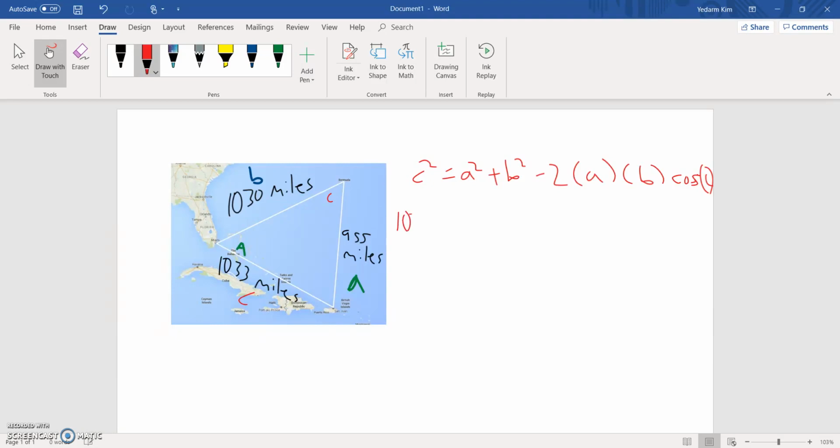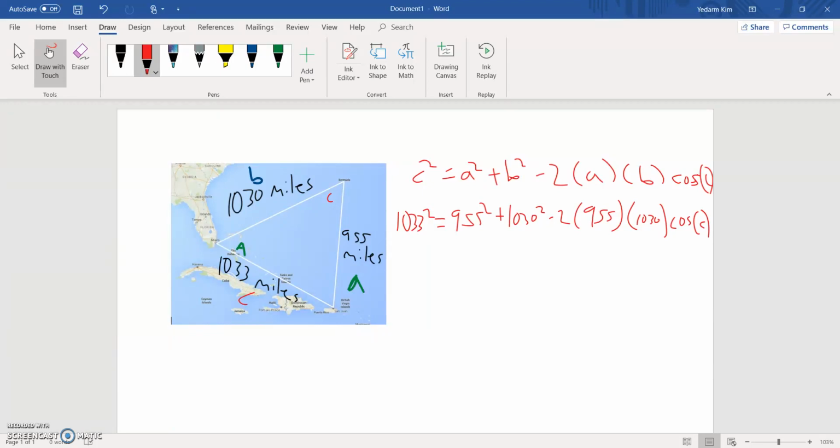So it'll be 1033 squared equal to 955 squared plus 1030 squared minus 2 times 955 times 1030 cosine of C, and we'll simplify it right now.